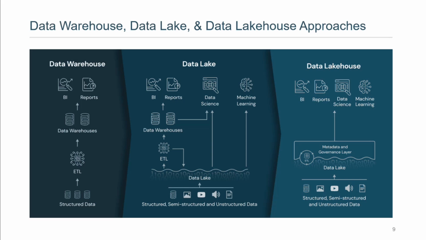So then after having this tool for a long time, people started to recognize a need to include semi-structured and unstructured data. So semi-structured could be a CSV, unstructured, you can see some icons here of an image, video, audio, rich text, Word documents. There's a need to incorporate these other file types and non-structured data into a data warehouse.